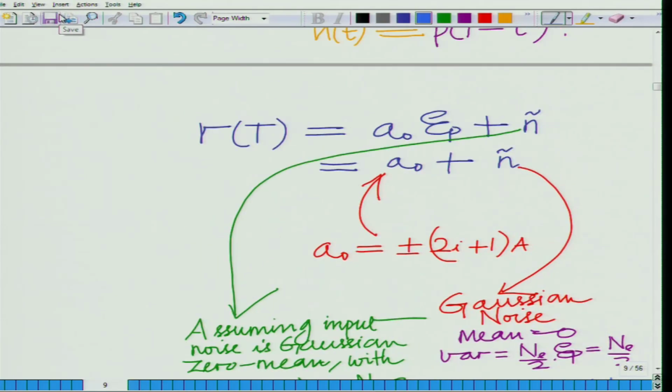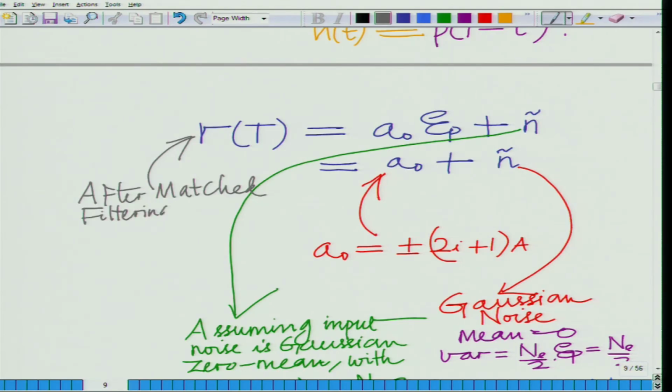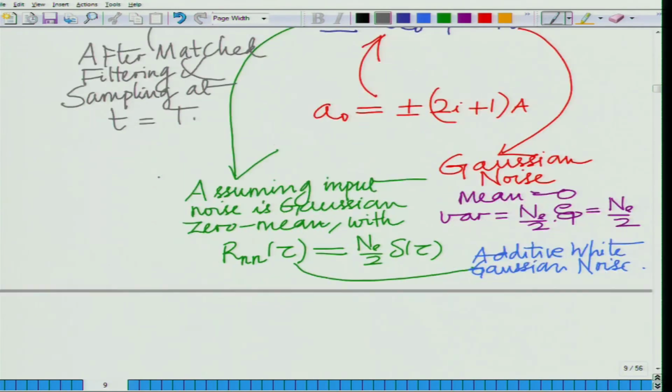So, again let me clarify, this is after matched filtering and sampling at t equal to capital T.